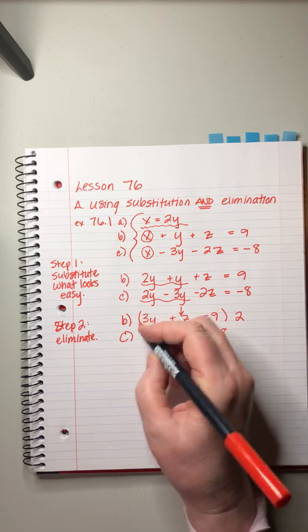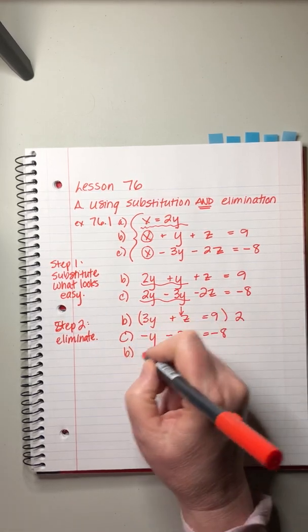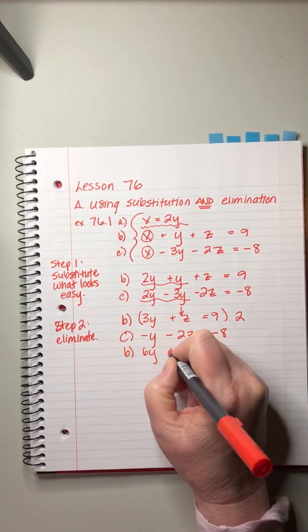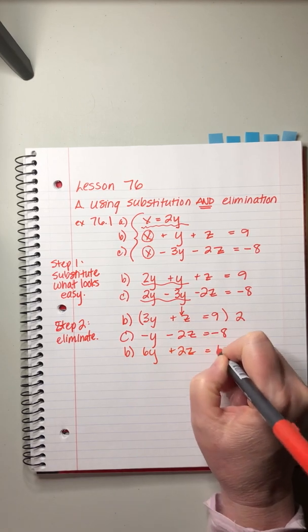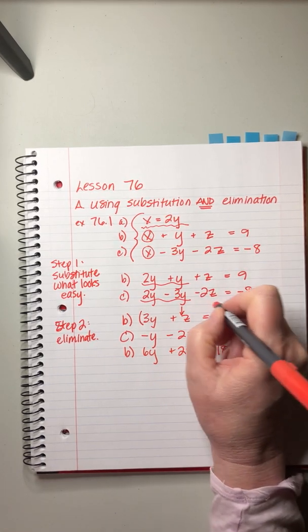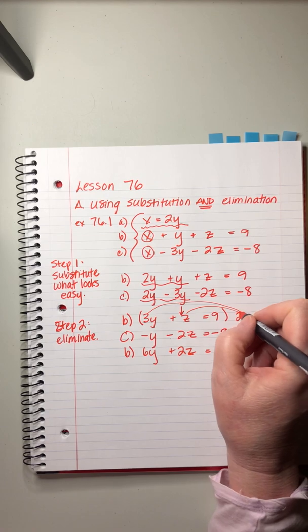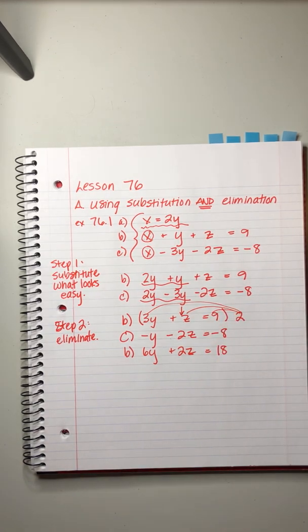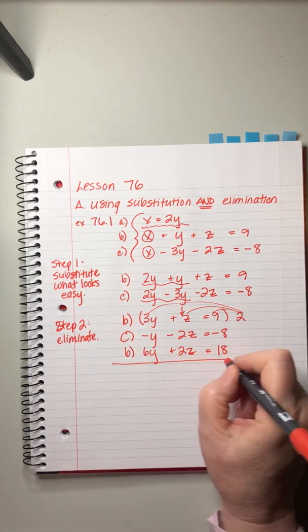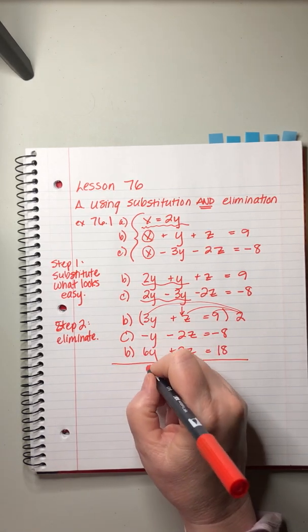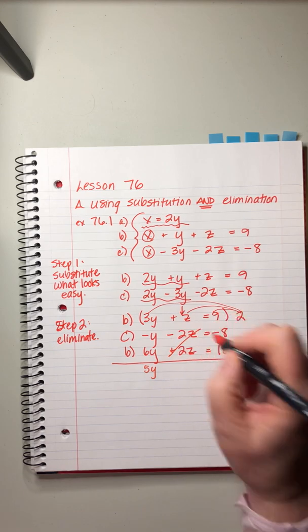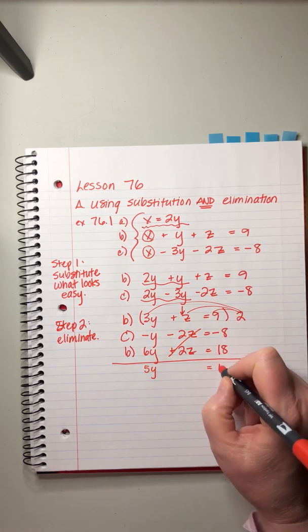And so I'm going to rewrite B, and that will be 6y plus 2z equals 18. Don't forget that when you're changing these values, do the other side of the equal sign too. Sometimes I would forget. All right, now we're ready to add these two, and we get 5y, goodbye z, equals 10.